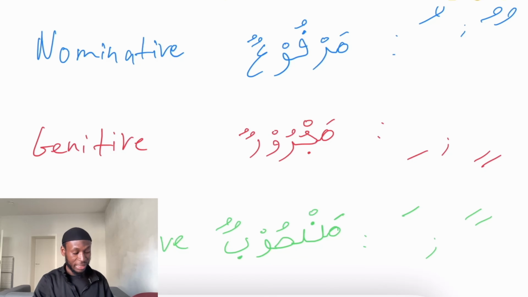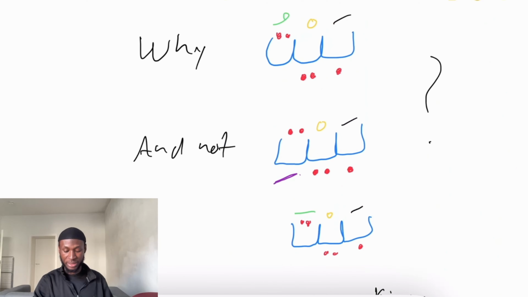And the second is the genitive case. It's called in Arabic majroor, okay? So the majroor, when you find a noun that has a kasra, the kasra is going to be under the letter, and fatha is going to be on top of the letter.